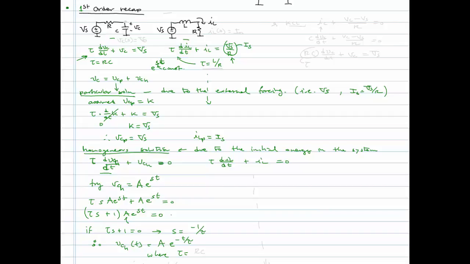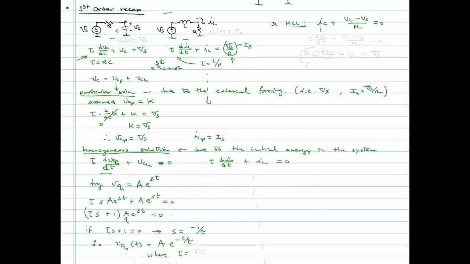That comes about very straightforwardly if you write, let's just do, for this one, let's do KCL. At this node here, we would say the current leaving through the capacitor is IC plus the current leaving through R, which is going to be VC minus VS over R, is equal to 0.